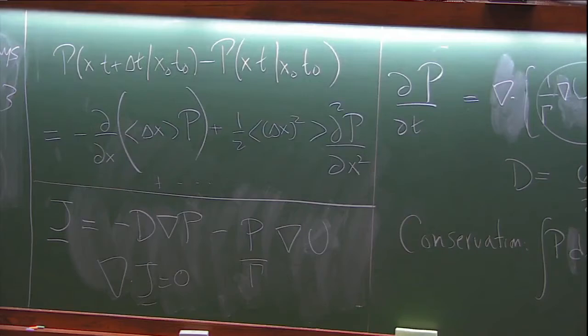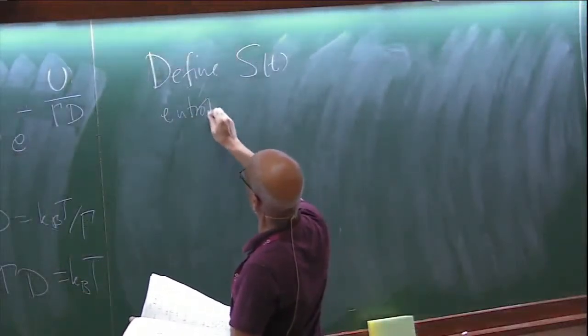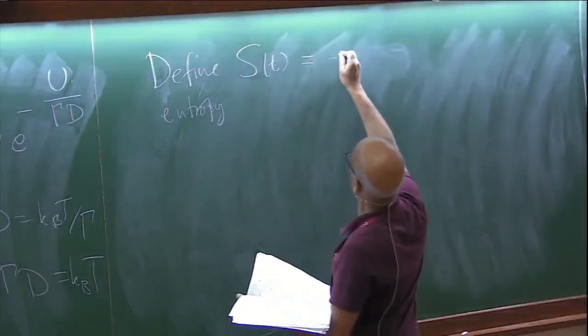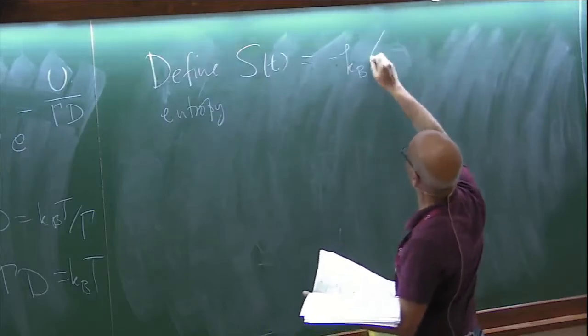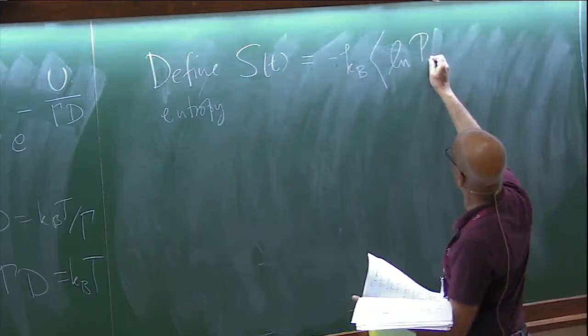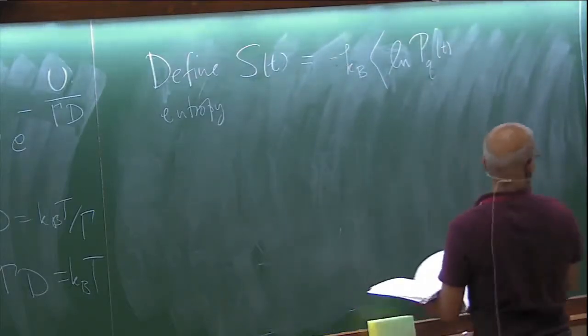What we're going to do is, let's define the entropy the way we heard it defined in other lectures such as Dov Levine's. And I'll try to keep track of factors of Boltzmann's constant, but it doesn't really matter. Sorry, my notation is bad.